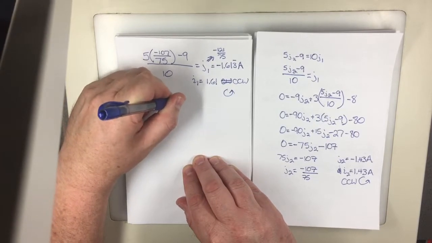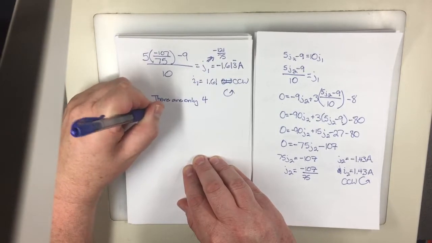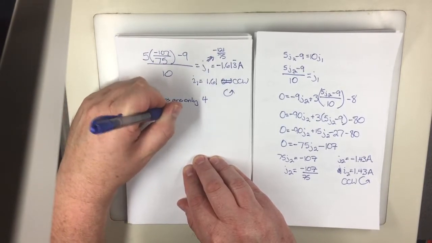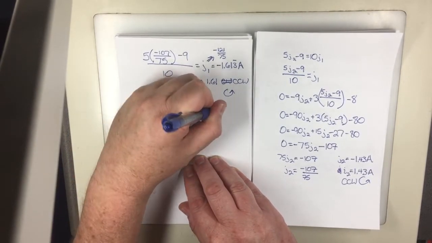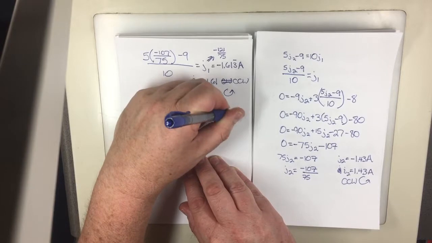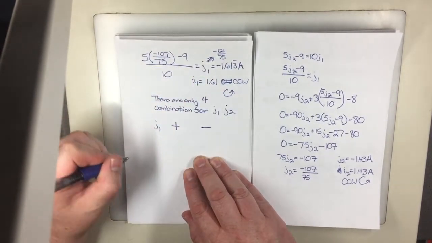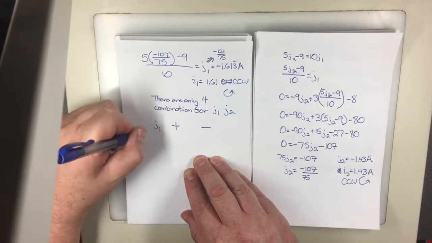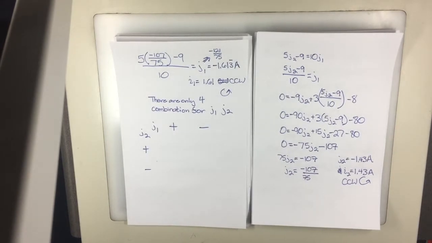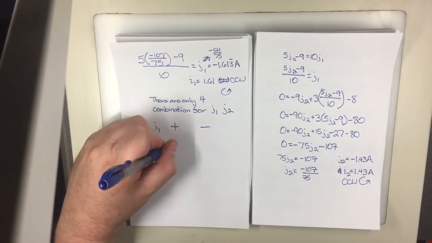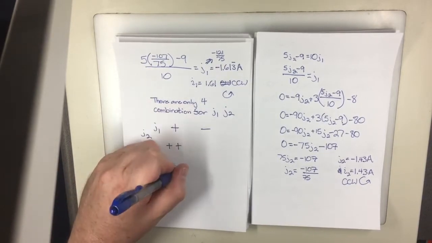There are only 4 combinations for J1 and J2. J1 can either be positive or negative. J2 can only be positive or negative. For J1, that'll be the first symbol. For J2, it will be the second symbol.